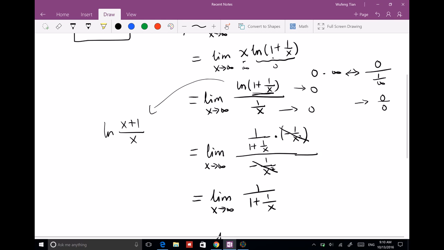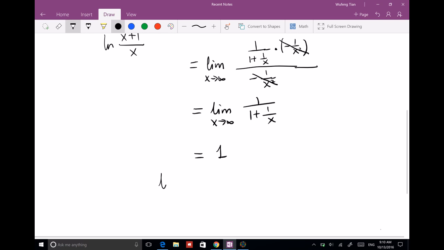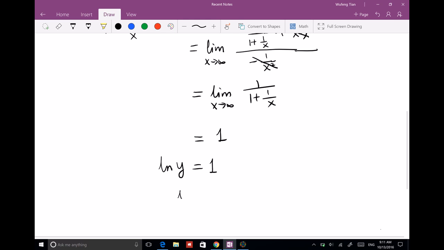So basically, what I got is ln y equals 1. Now, what is y? e to the power 1.